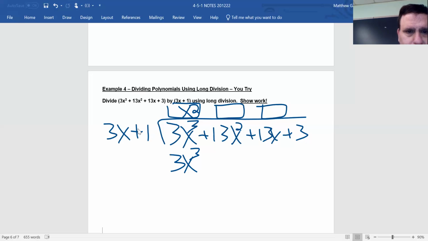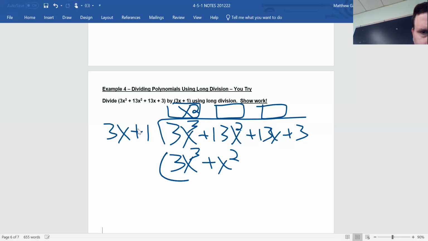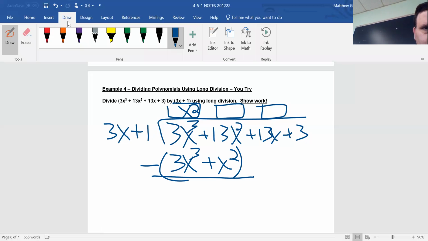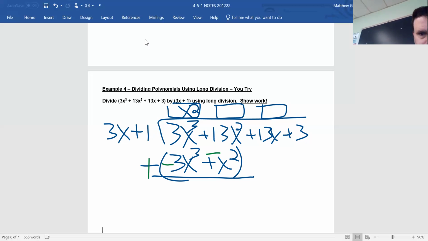X squared times 1 is x squared. Okay, subtract, or add the opposite. So 13 and negative 1 is 12. So we got 12x squared, bring down the 13x.